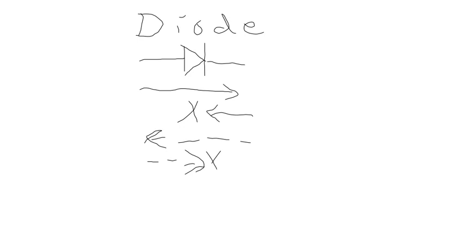And there are lots of different kinds of diodes and lots of different kinds of transistors. This is the most basic diode schematic symbol. And this is the most basic transistor schematic symbol. It's a 3-terminal device.